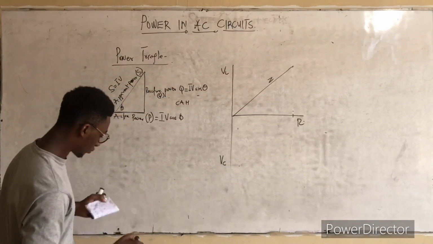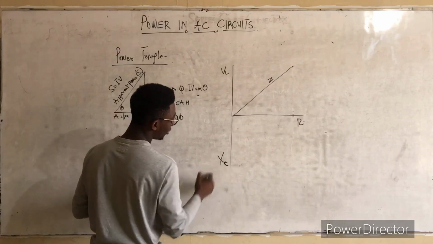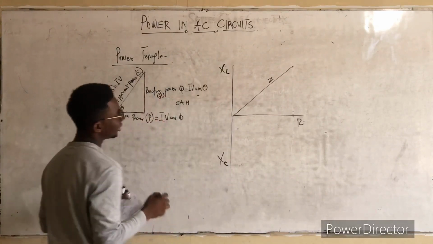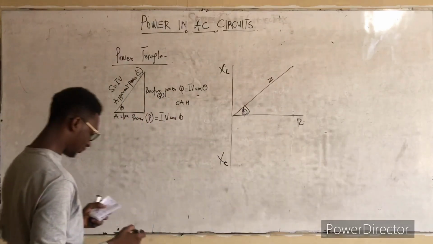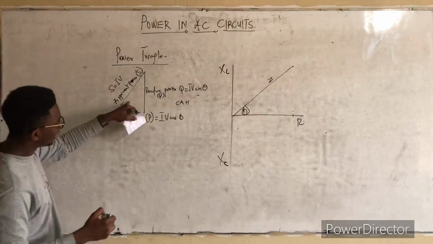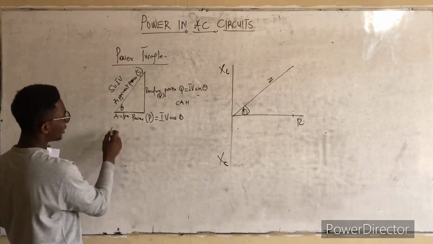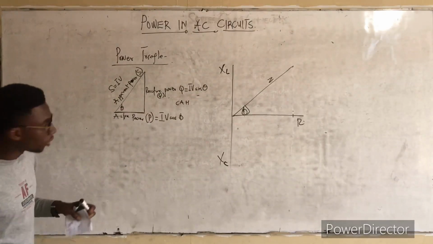So let me just use their reactances, the capacitive reactance and the inductive reactance. And this was our angle, the phase angle. We can redraw this diagram in this nature, and that will also help you understand.